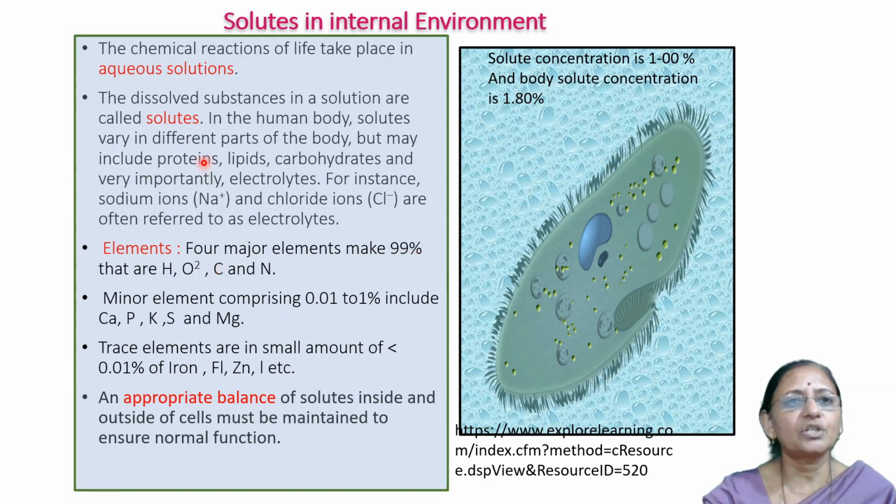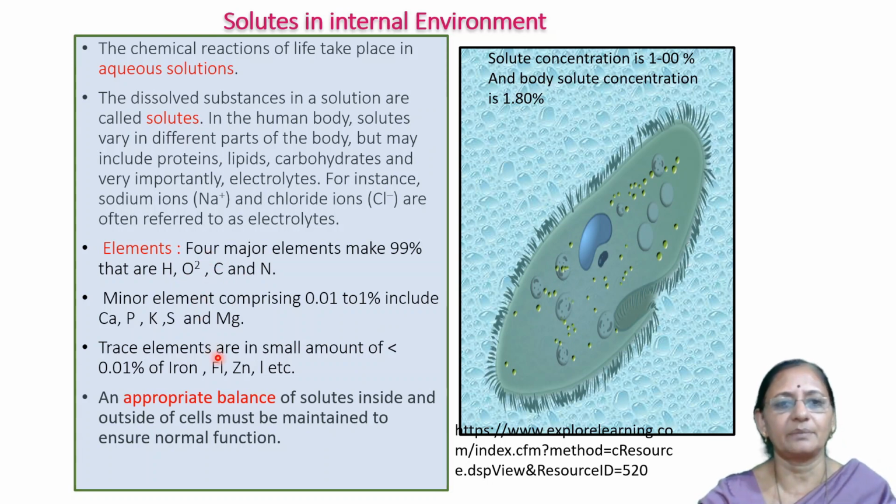In addition to protein, lipid, carbohydrate, these are the solutes. In addition to that, there are elements present, the major elements, minor elements, and trace elements. The major elements form 99% of the elements of the body. They are mainly hydrogen, oxygen, carbon, and nitrogen.